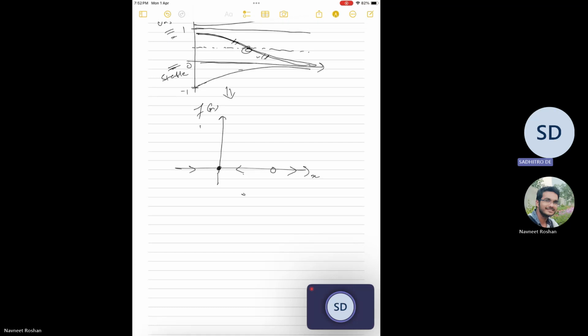So the only form which f of x can have over here is something like this, which is a parabola, right? So this is the form of f of x, and an example of this we had already seen earlier, which was x dot equal to x square minus 1.